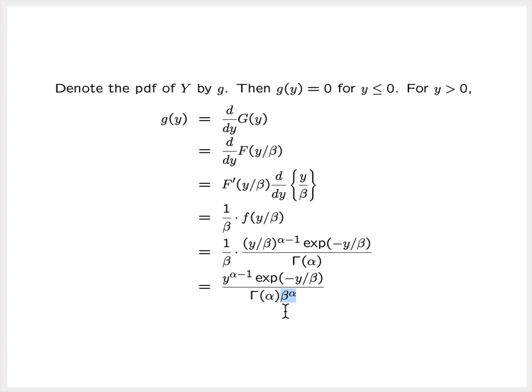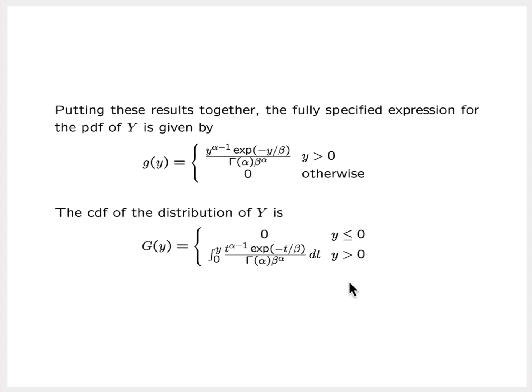We have in the denominator the gamma function evaluated at alpha times beta raised to the alpha power. And then once we pull that 1 over beta out of this piece, what we're left with is y raised to the alpha minus 1. And then we have the exponential function evaluated at negative y over beta. And so when we put those two pieces together, we get the fully specified expression for the PDF of y.